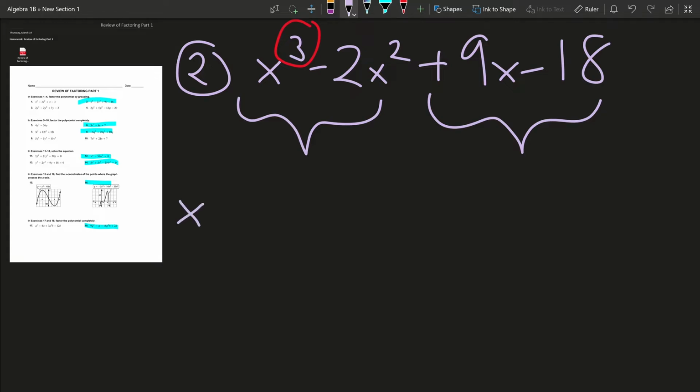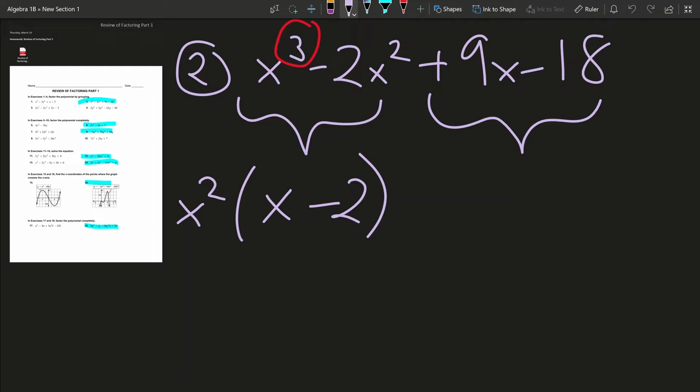For this one, it would be x to the power of 2. So to take x to the power of 2 out, we need to divide the whole thing by x to the power of 2. What is x to the power of 3 divided by x to the power of 2? Just x. And then negative 2x squared divided by x squared is just negative 2.